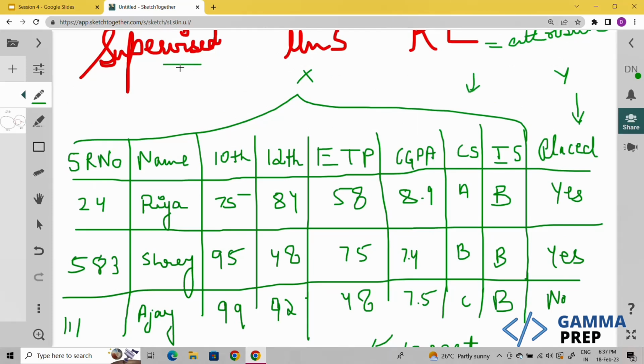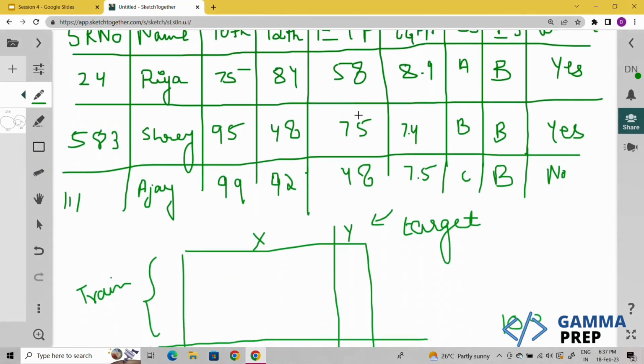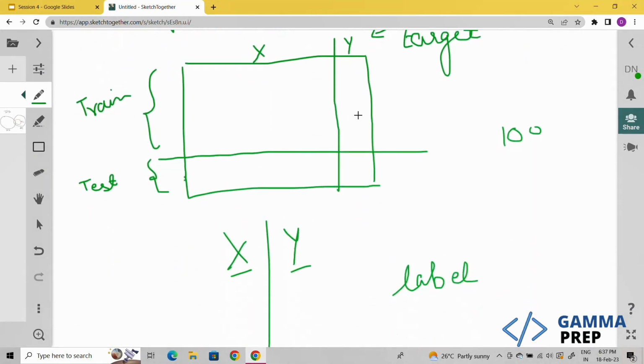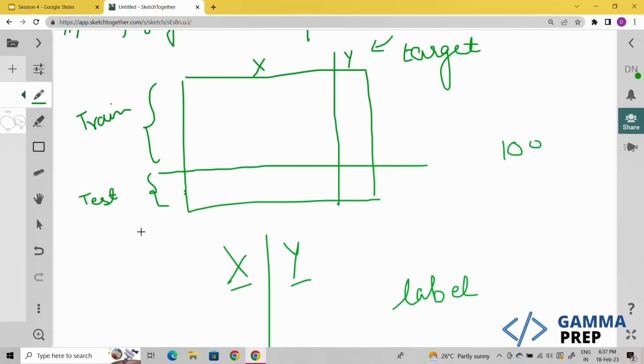And supervised learning deals with labeled data only. So in supervised learning, we have a target to predict. Okay. Now, what exactly happens in supervised learning? In supervised learning, we divide the historical data, that is the data that we have for all the past students, into two parts, training and testing.